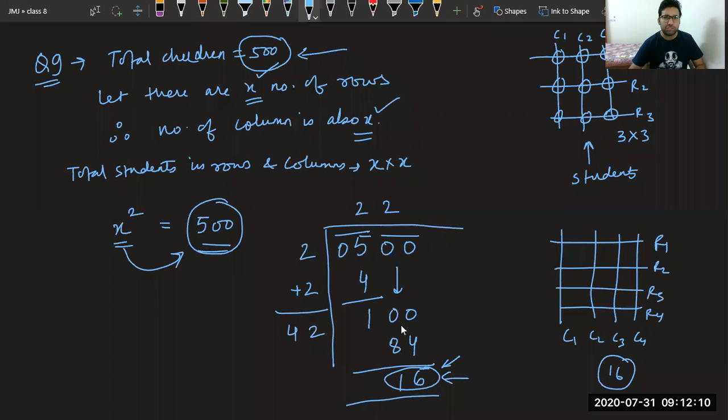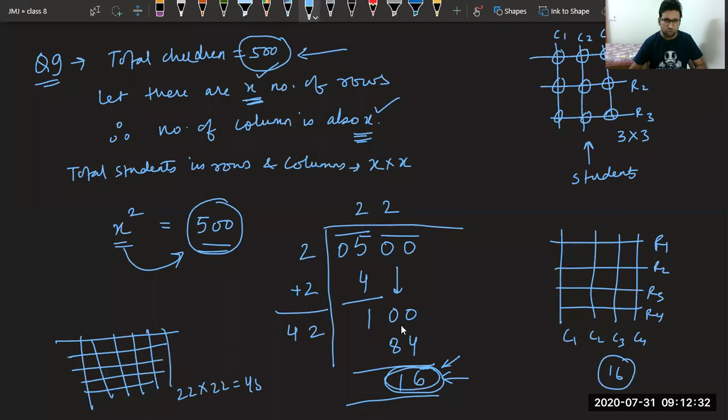Vijay sir wanted you to stand in x number of rows and x number of columns. When we checked this way, we found that 16 students will not come in this arrangement. There are 22 rows and 22 columns, but 22 times 22 is 484. We have accommodated these many children, but these 16 children are left behind. They will not come in the arrangement.